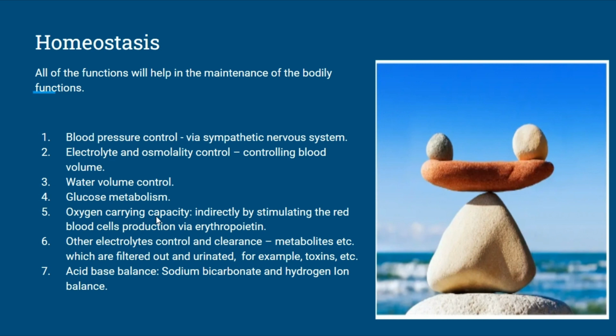Then we have other electrolytes control and clearance of metabolites, etc. For example, if a toxin or a drug metabolite is filtered out and urinated, that's how it clears it. And the last one is the acid base balance. So sodium bicarbonate production and hydrogen ion balance are actually controlled via the kidney.